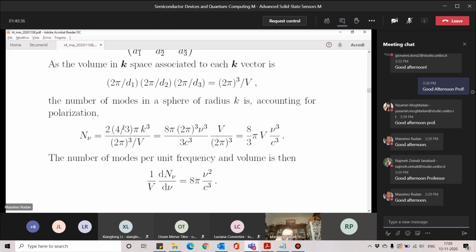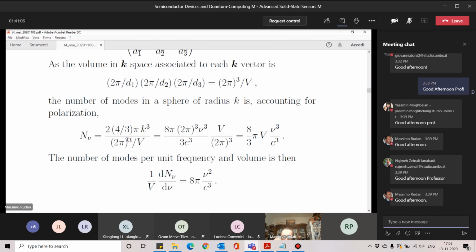We divide by the volume associated to the individual K vector, so we divide by 2 pi cube over V. And then we multiply by 2 because of polarization. So this gives you the number of modes that belong to the sphere.